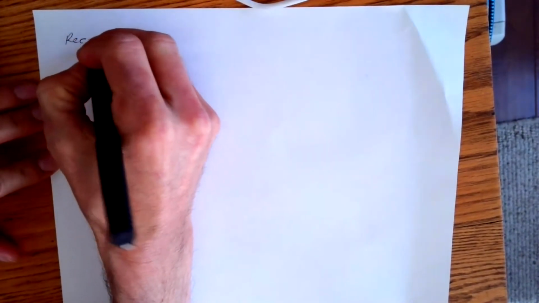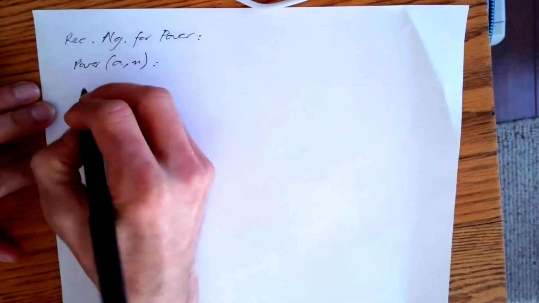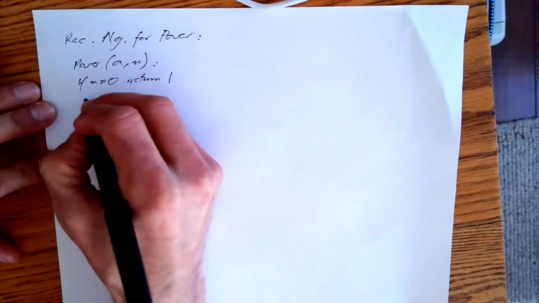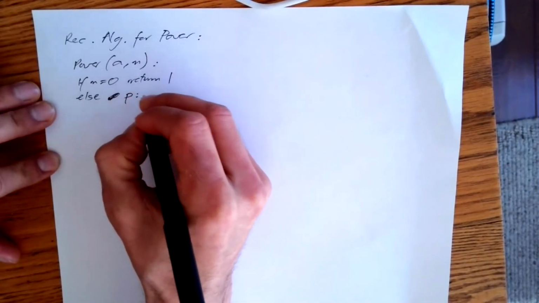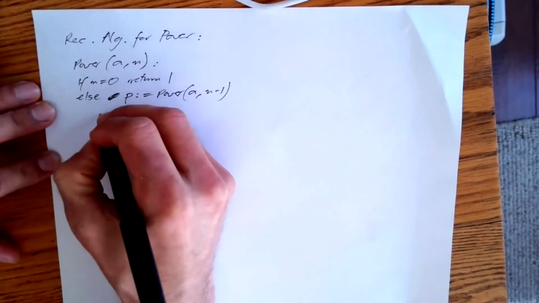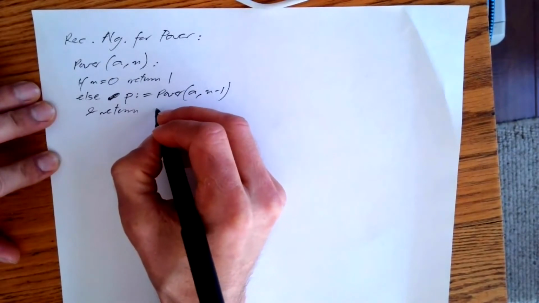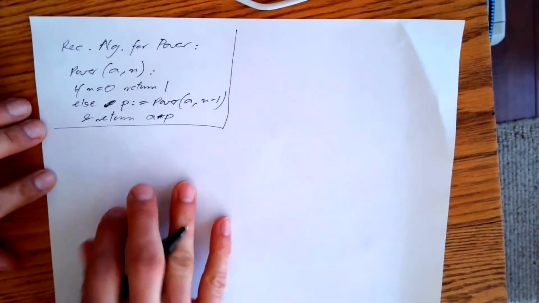So a recursive algorithm for power went like this. Power a n was: if n is 0 return 1, else set p to be power a n minus 1 and return a times p. Okay, so you have this recursive algorithm, right?